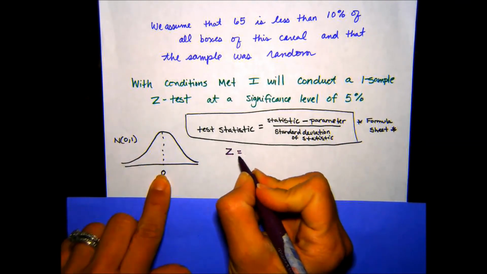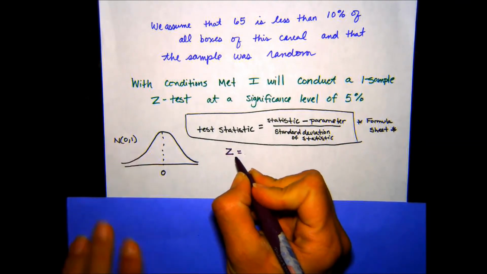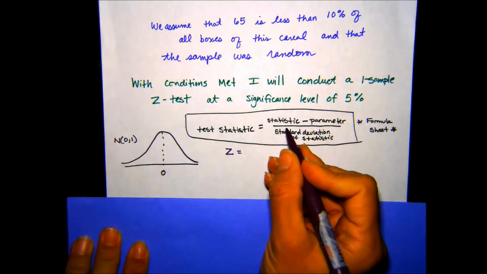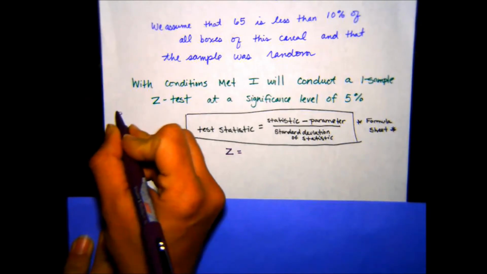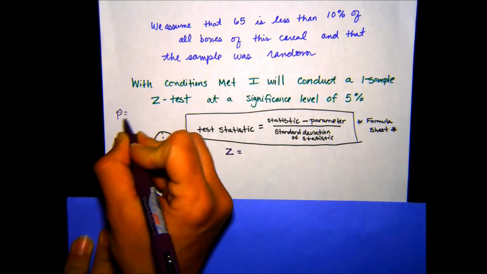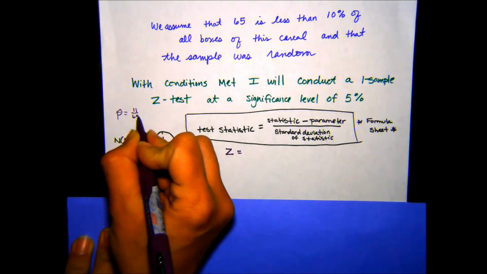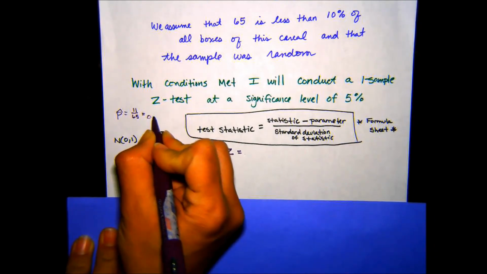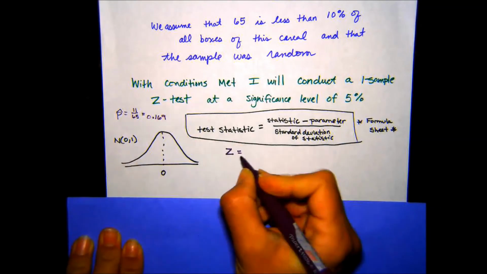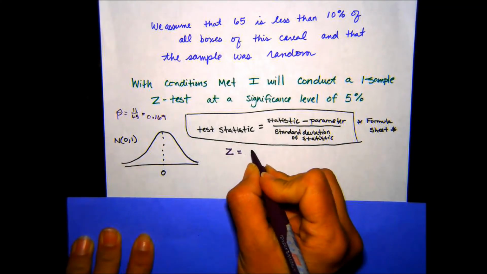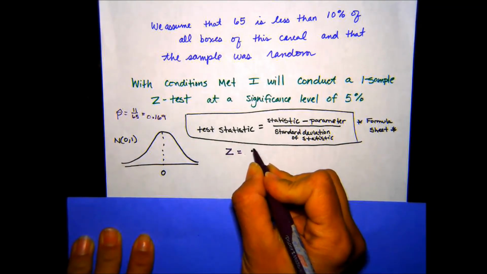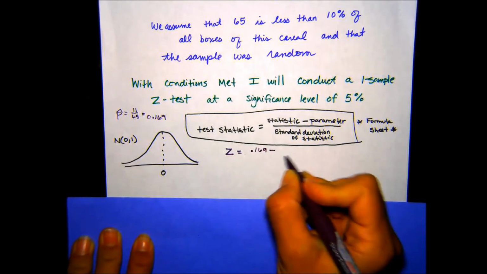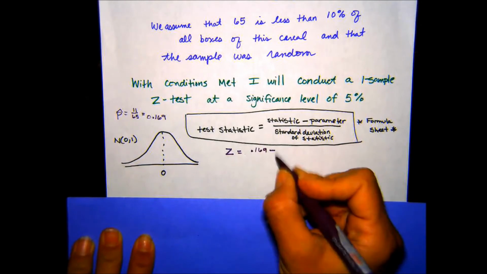My statistic is the p-hat. If you look back in the problem, from their sample they have 11 with vouchers out of 65. So that's a p-hat of about 0.169. I'm going to take my p-hat and subtract off the population parameter, which was the null hypothesis claim. Remember, our null hypothesis claim was 20%.